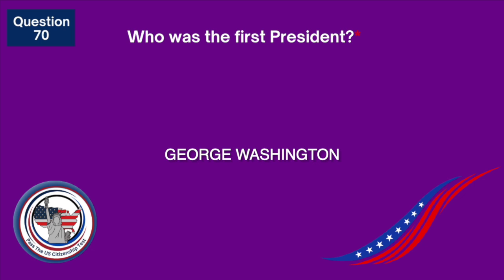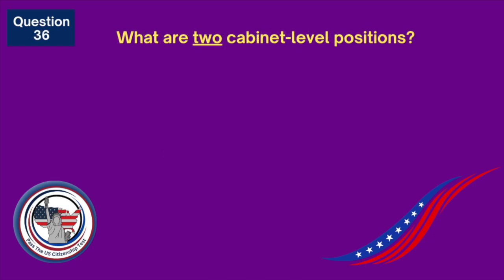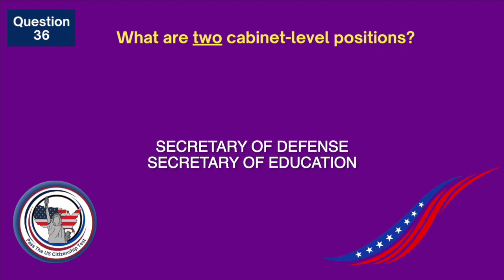George Washington. What are two cabinet-level positions? Secretary of Defense. Secretary of Education.